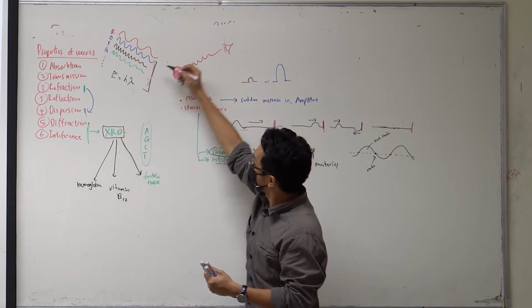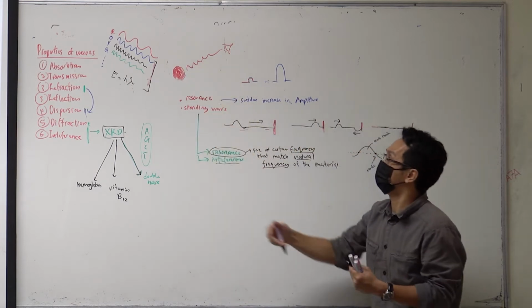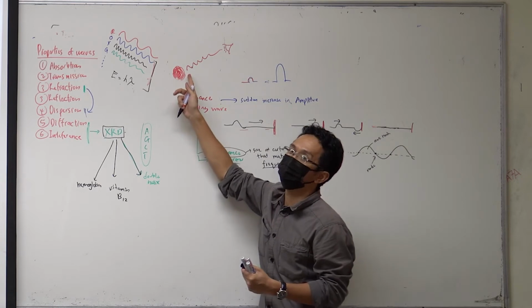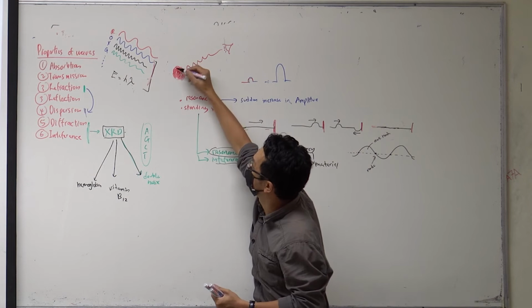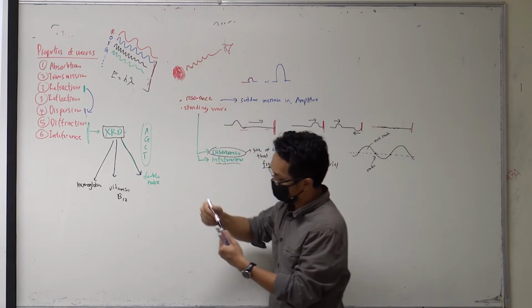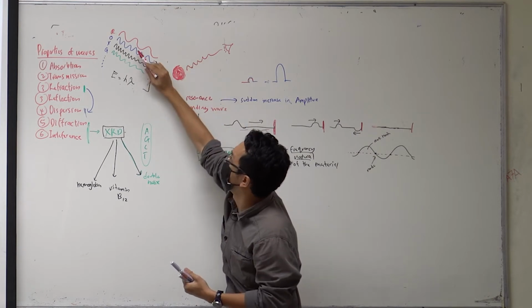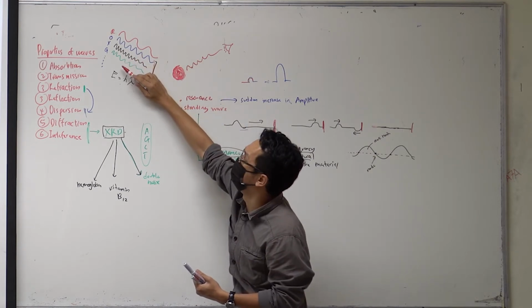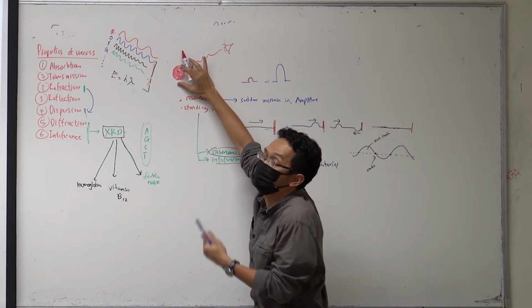So this energy is sort of absorbed by this. What does it mean by being absorbed? It means that this energy matches the natural frequency of this red material, this pigment. So the orange, yellow, green, and then blue, indigo, and violet hit this thing and are absorbed.